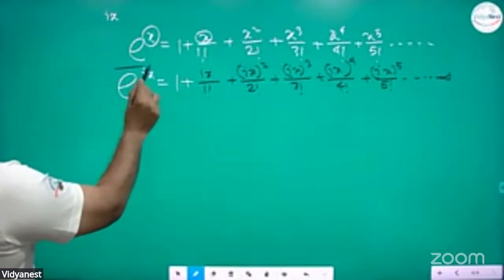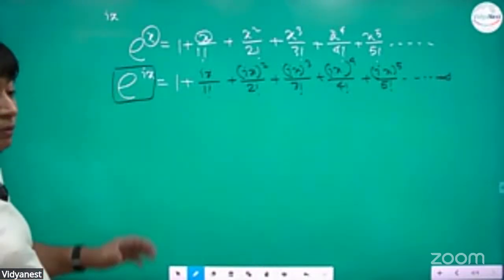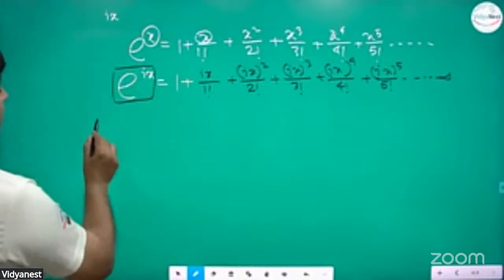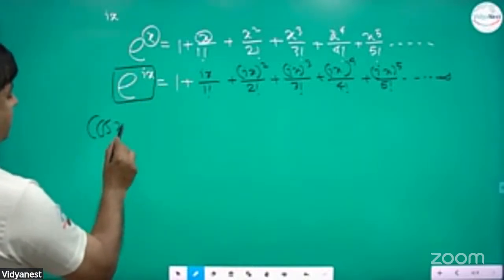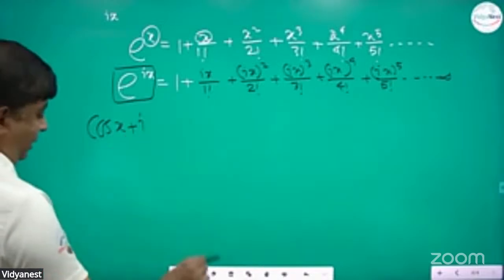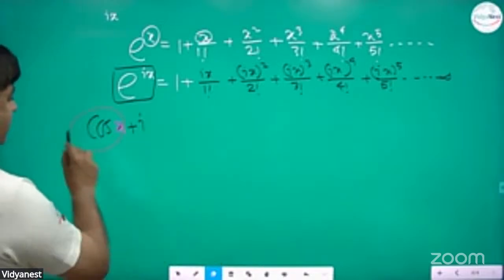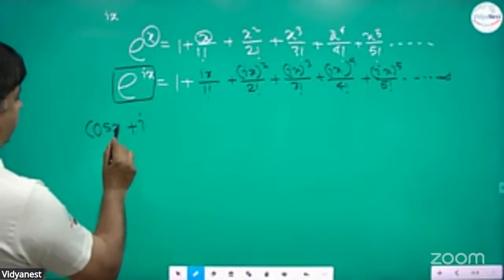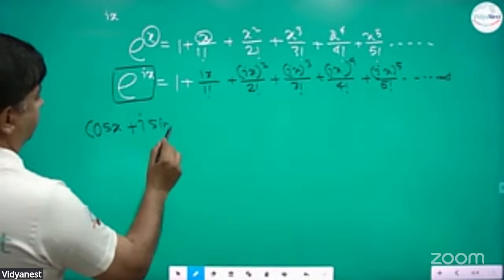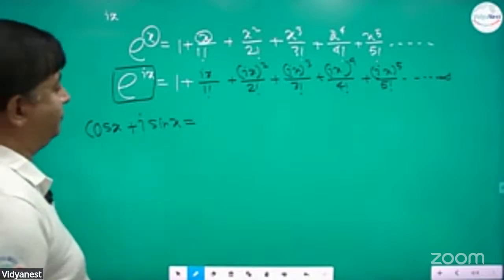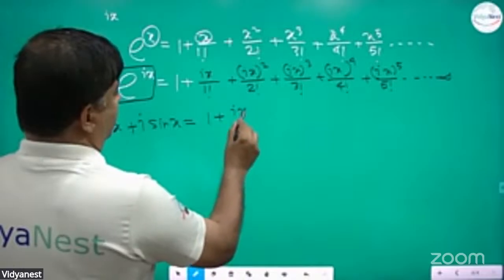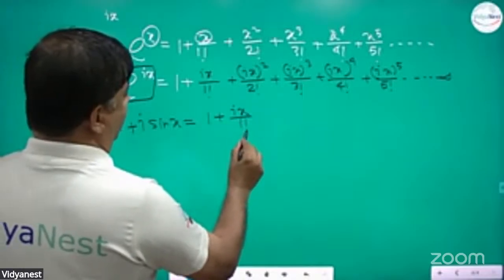Now, e to the power ix, hope you can remember the term. It refers to Euler's form, which means cos x plus i sin x. Here you observe 1 plus ix by factorial 1.